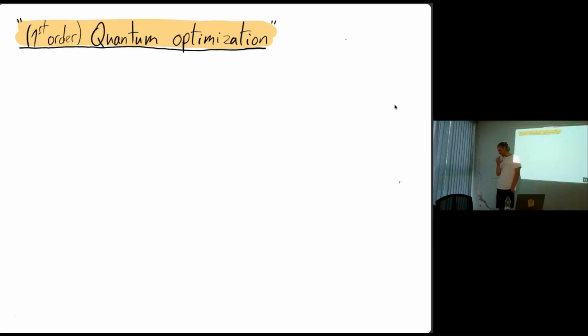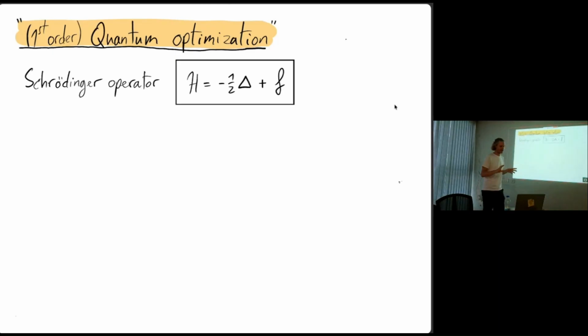Whereas you have quantum algorithms for implementing classical optimization faster, right? So speeding up computation of the gradient or the Hessian and so on. What we do is something different. We introduce a very natural quantum object that we interpret as a quantum version of classical first order optimization.